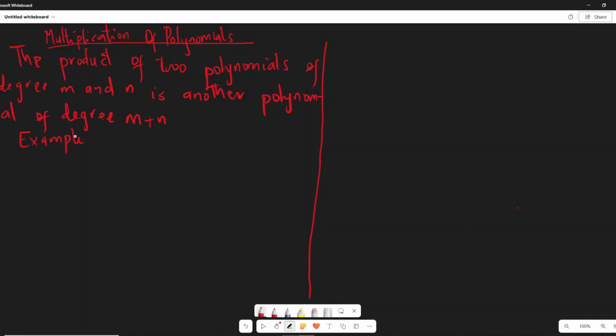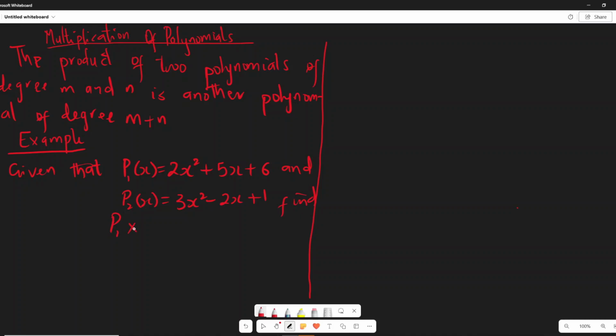So we have this example. I'm going to be using two methods to get this answer. So we are given that P1 of x is 2x squared plus 5x plus 6, and P2 of x is 3x squared minus 2x plus 1. And we are told to find the multiplication P1 multiplying P2, or P1 of x multiplying P2 of x.